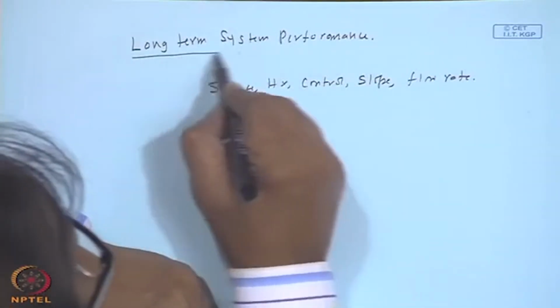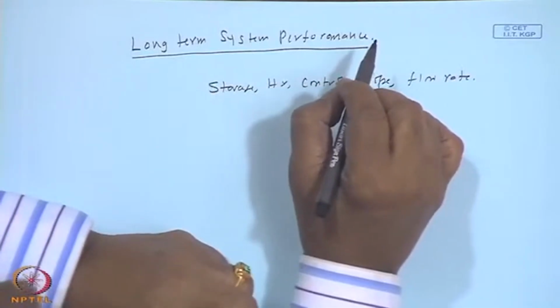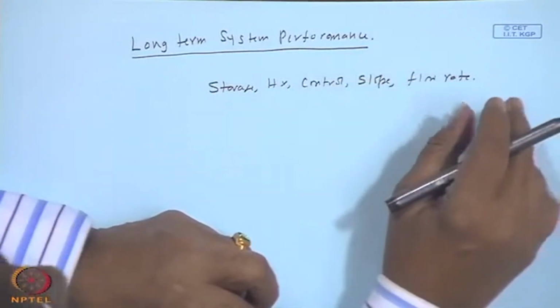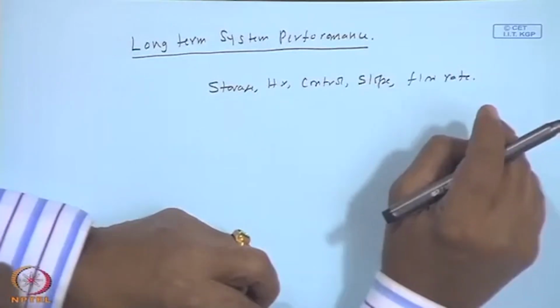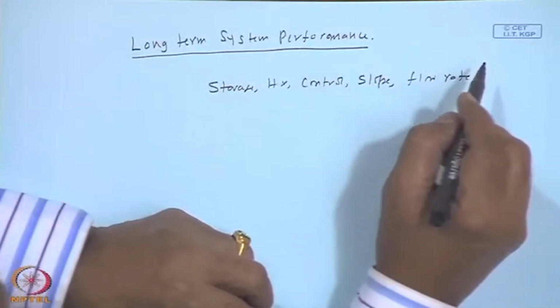and we said that single efficiency determined is an indicative of the performance of the solar collector, but its effectiveness in meeting the load will depend upon not only the climatological data, but also the load itself.